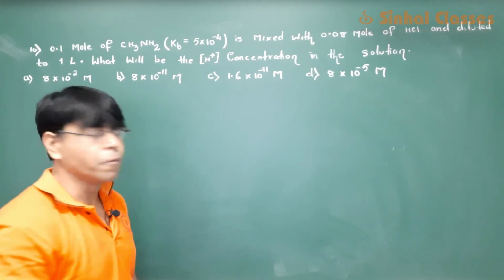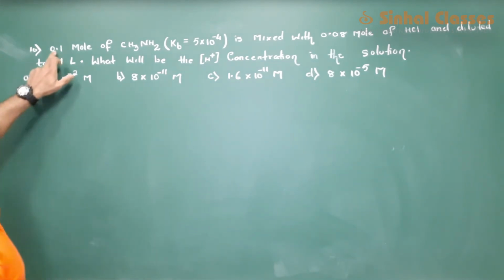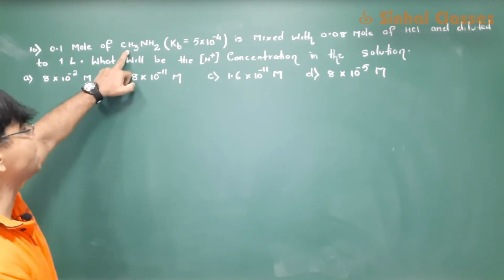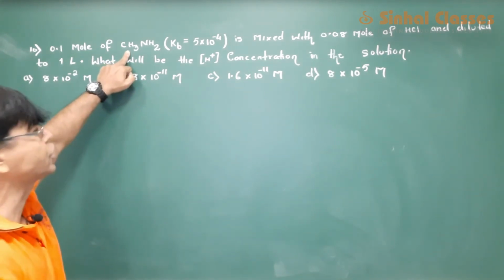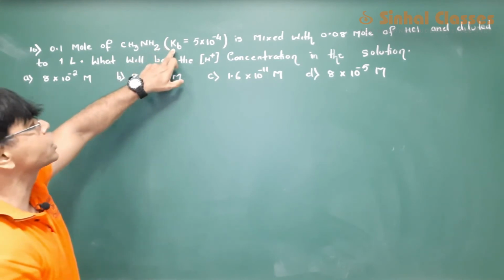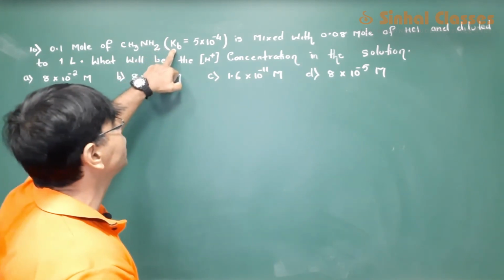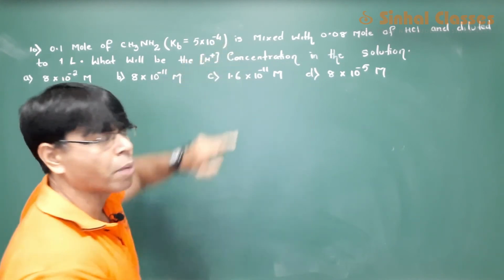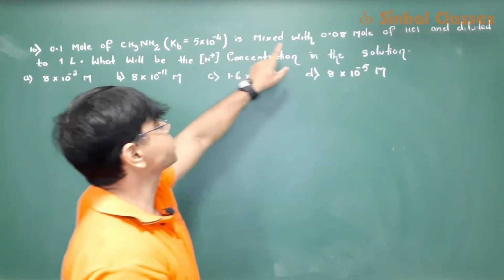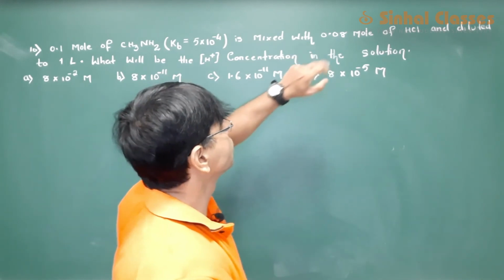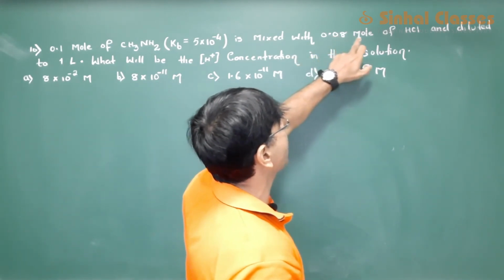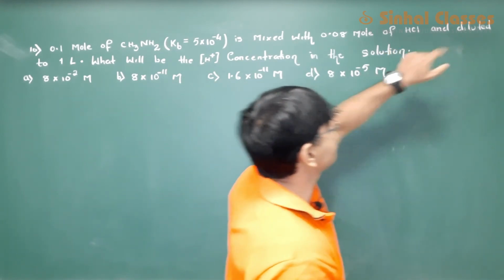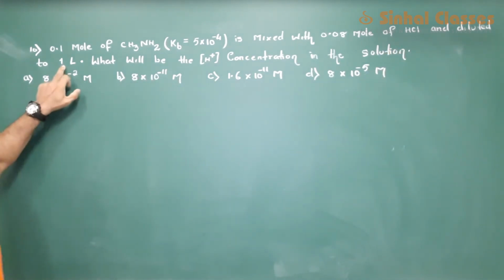Let's see this question now. 0.1 mole of CH3NH2, methylamine, which is a base, with dissociation constant for the weak base given as 5 into 10 raised to minus 4, is mixed with 0.08 moles of HCl and diluted to 1 liter.